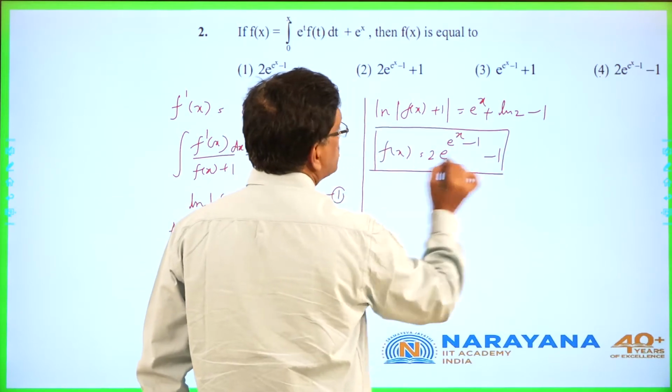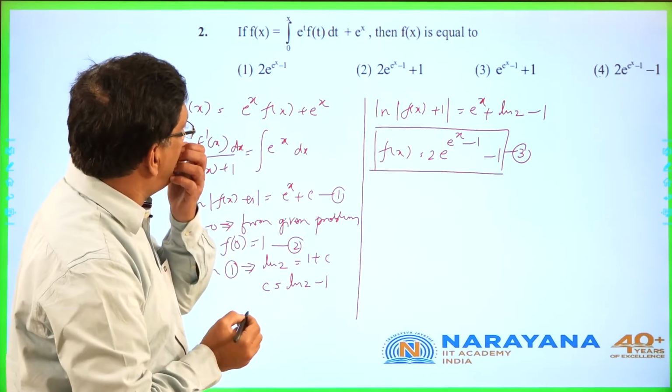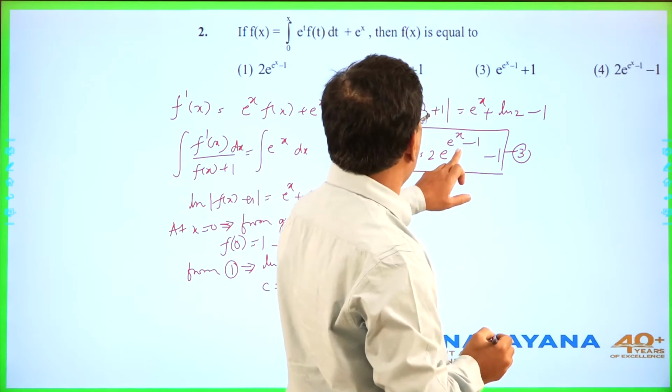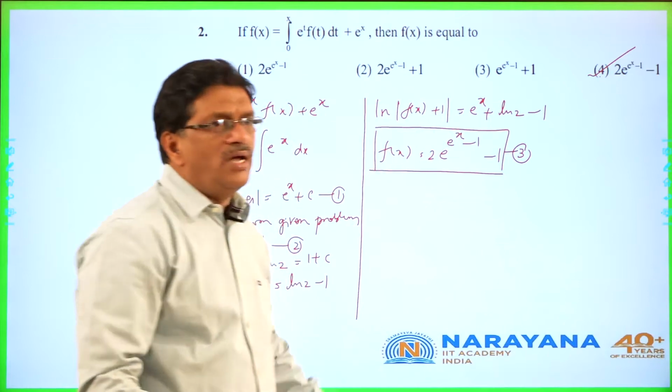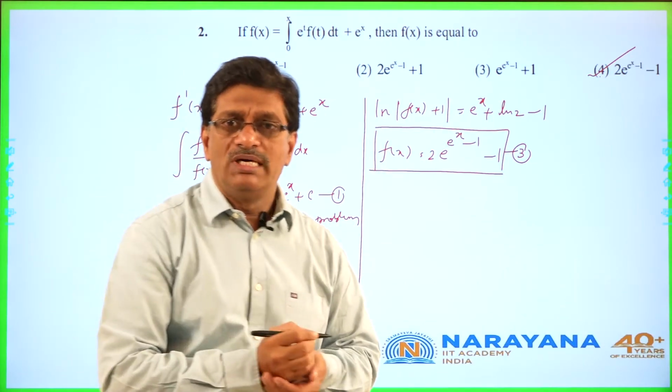This is the function, right? But what he is asking is just f of x. F of x is equal to 2 into e power (x minus 1), minus 1. A good problem by using integrations, Leibniz rule, right?